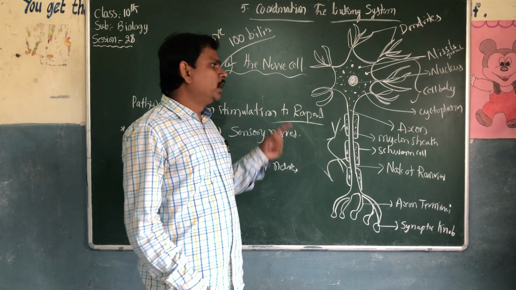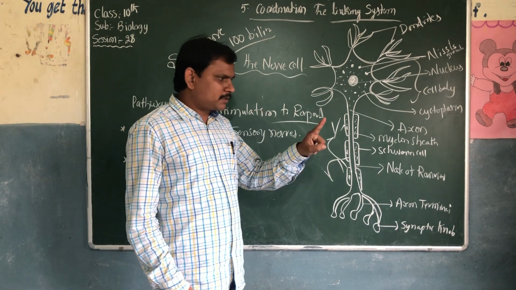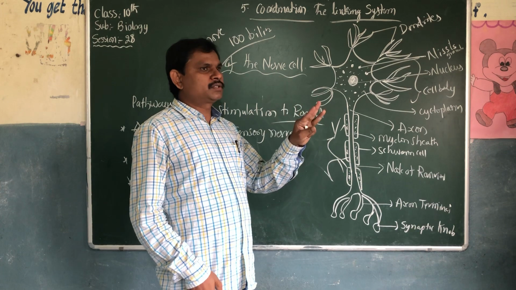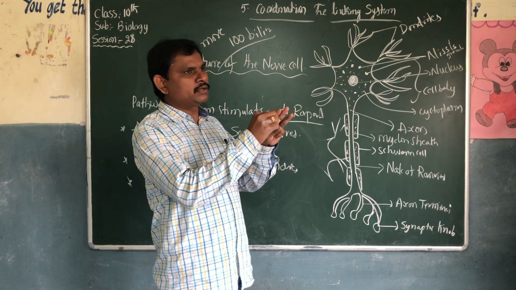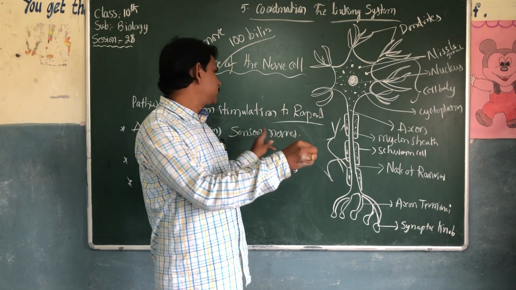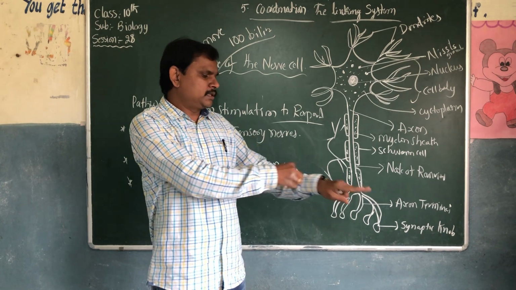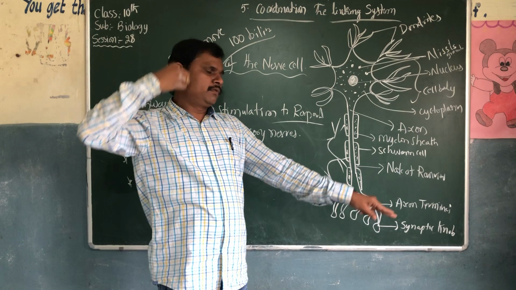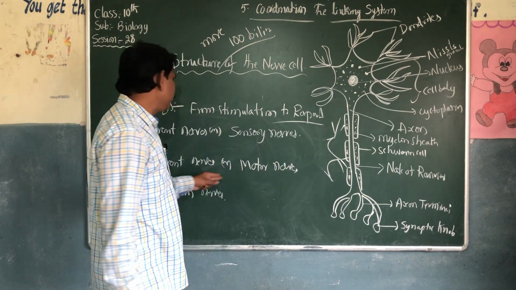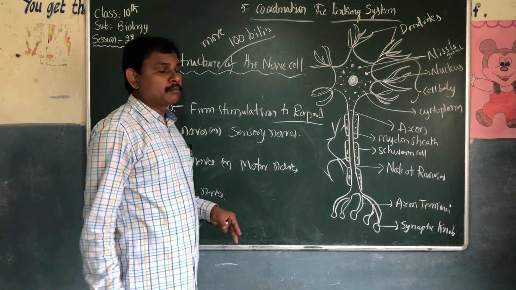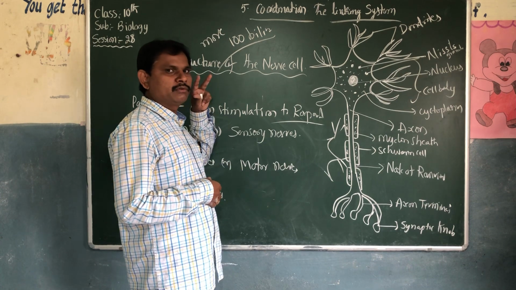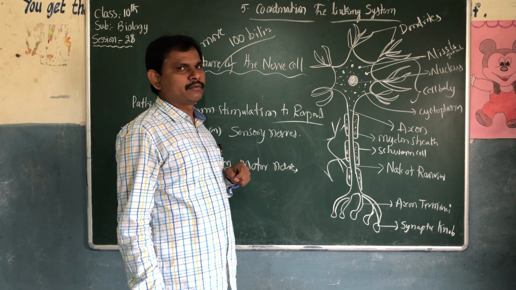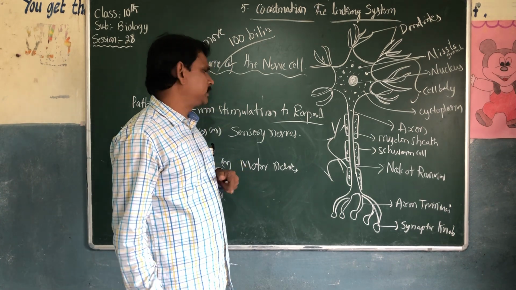For example, if you touch an iron box with your fingers, the sensory nerves in the skin carry the message to the brain. The brain will analyze and give a reply through the efferent nerves, or motor nerves. Then we immediately remove our hands from the dangerous place.